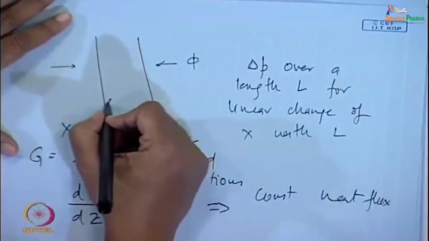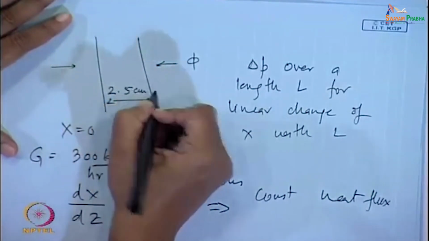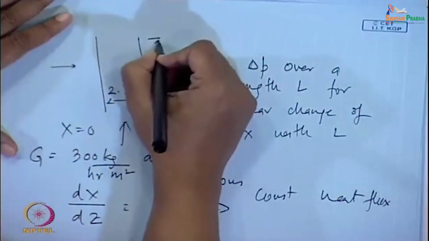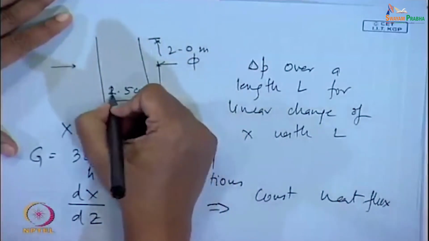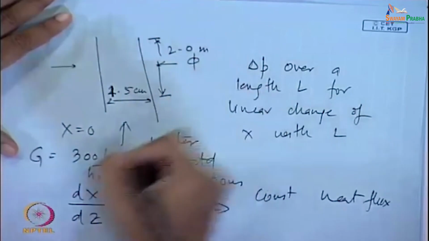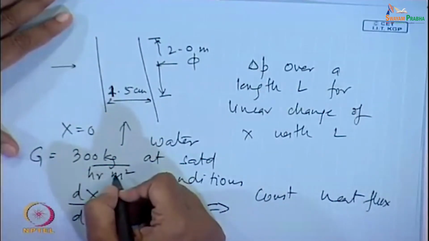Say it is entering into a pipe of say 2.5 centimeters diameter, and the length is 2.0 meters, or we can put it 1.5 centimeters diameter, 2 meters length, and the water is flowing at 300 kg per hour meter square.